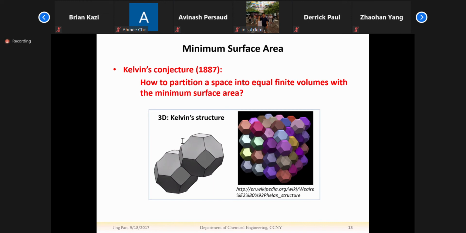But anyway, Kelvin is so clever that he proposed this solution. And then after that, for over 100 years, no one could prove if this solution is correct or not. That's why it's called a conjecture. And no one could propose a better solution to this question.